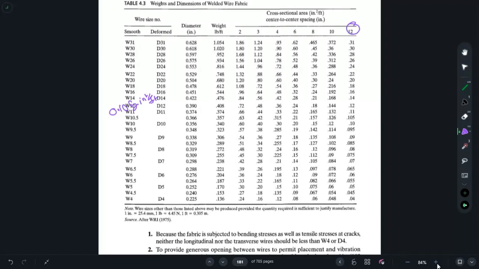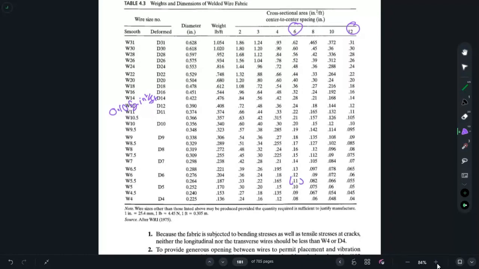So I'll go over this column, and I'll find a value that is 0.1 or just a bit above it. Sorry, it was actually 6 for longitudinal reinforcement, pardon me. So this is 0.12 and this is 0.11. So I can use this.